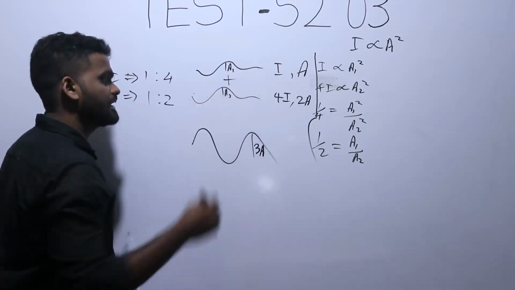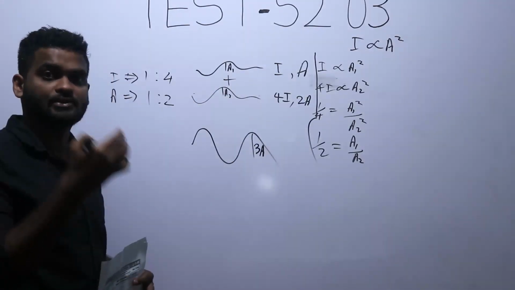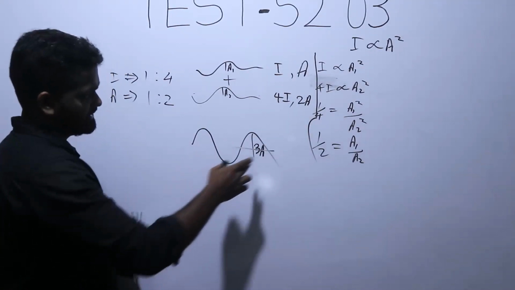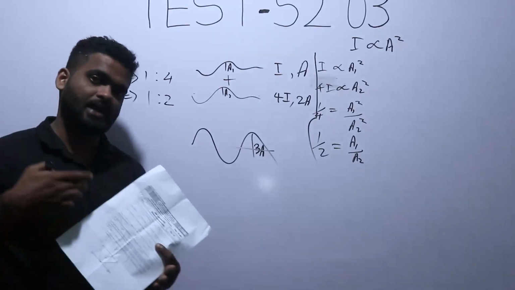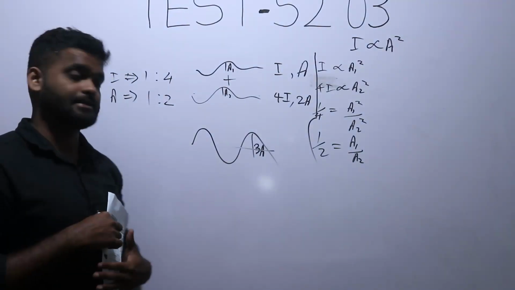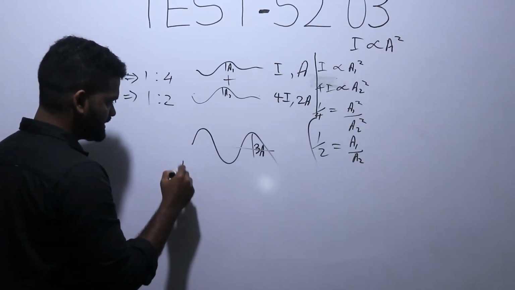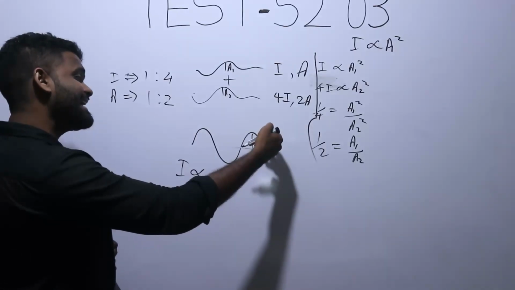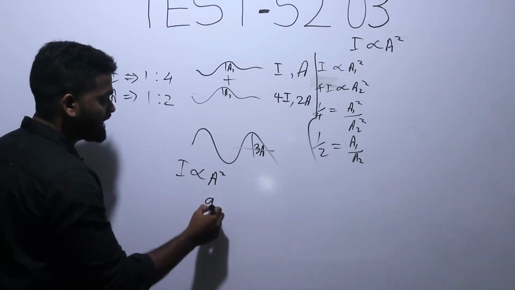A plus 2A, that is 3A. They are not asking about the amplitude of the superposition wave, they are asking for the intensity. Again, we know this equation is A squared. So if 3A gets squared, it becomes 9A squared.